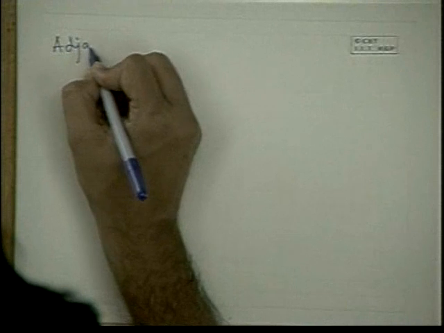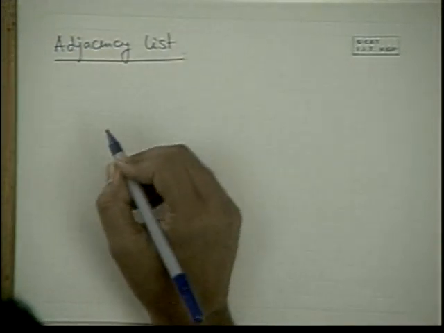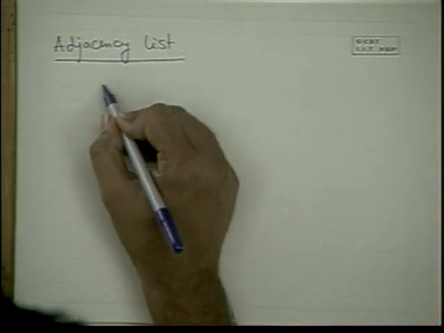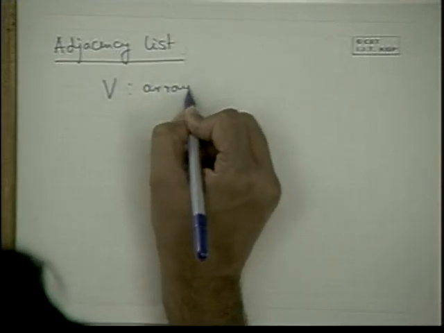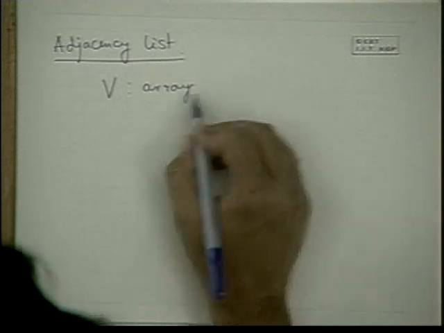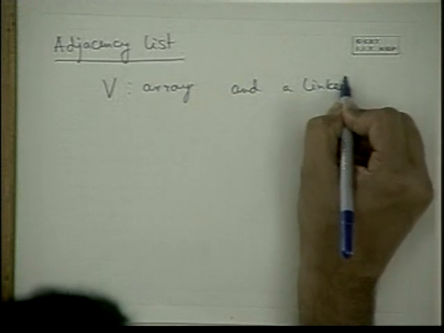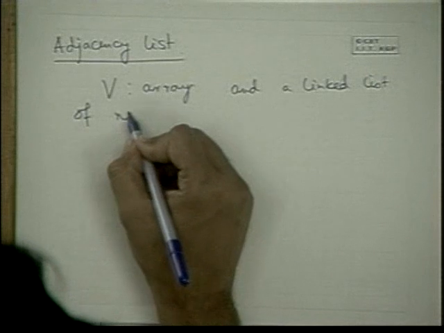So to overcome this, we have another data structure to represent a graph, which is called the adjacency list. In an adjacency list, it consists of a linear array, we call V. V is an array of vertices, and a linked list of neighbors.